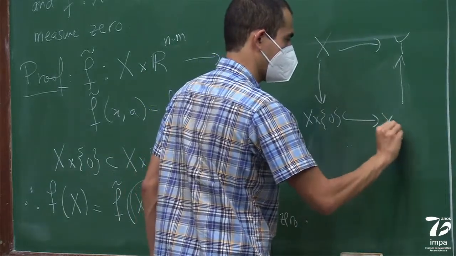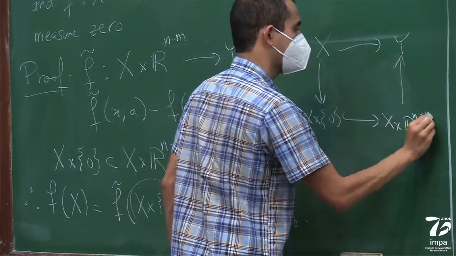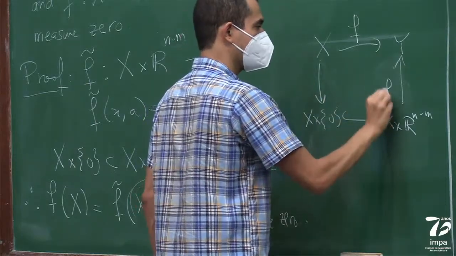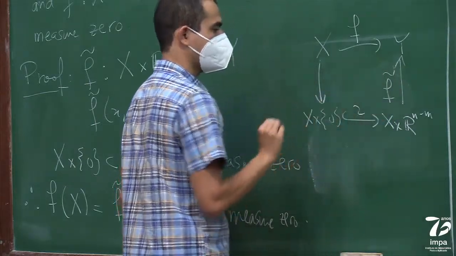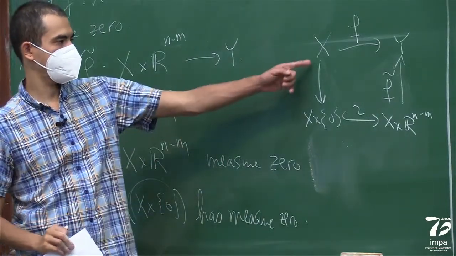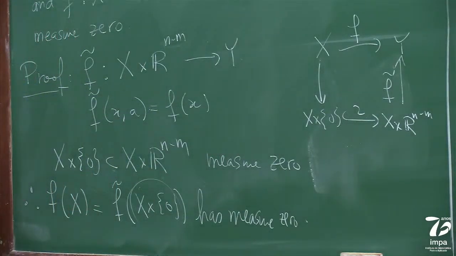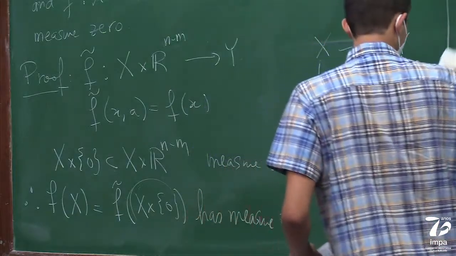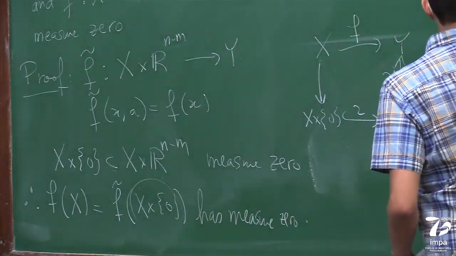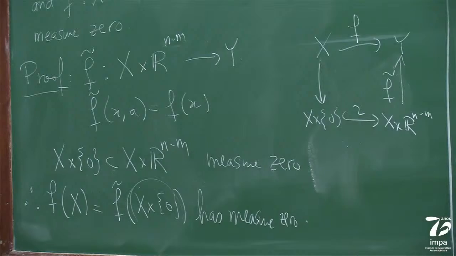And then I write it like this. Here's my f. Here's my f tilde. And this is the inclusion. And this is the obvious map. Okay. All right, any questions about this?